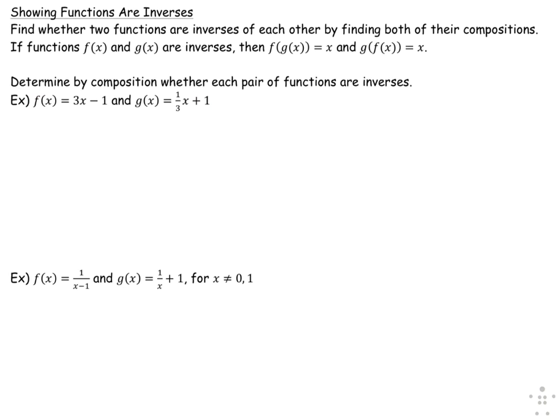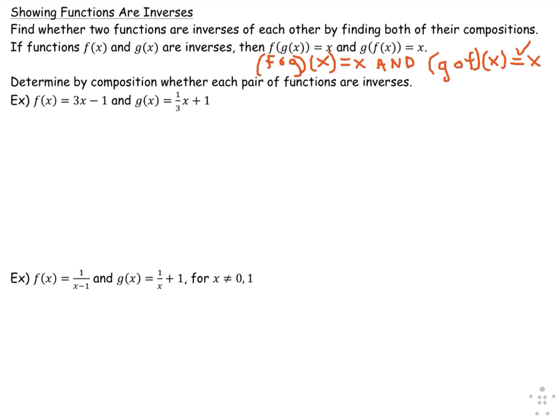The last section is showing functions are inverses using composition. So we are going to find f composed with g with respect to x, and if that equals x, and you have to do both directions with the composition, that g composed with f with respect to x is also equal to x.